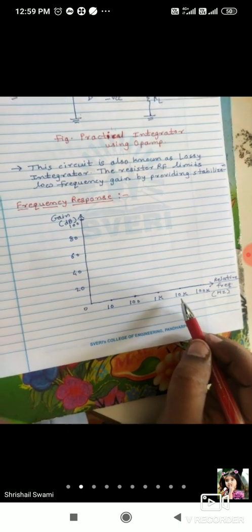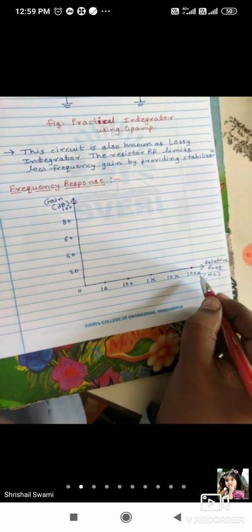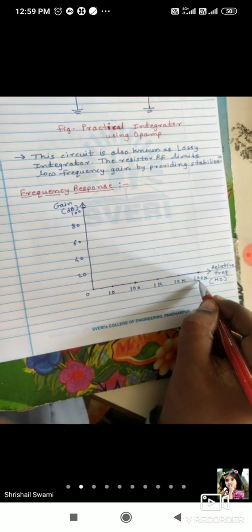10 raised to 5 means k is 10 raised to 3 and this is 10 raised to 2, that is 10 raised to 5. The graph is like this.